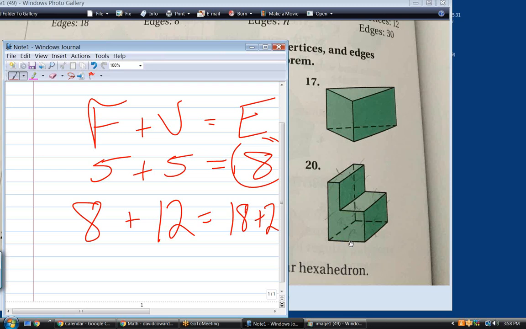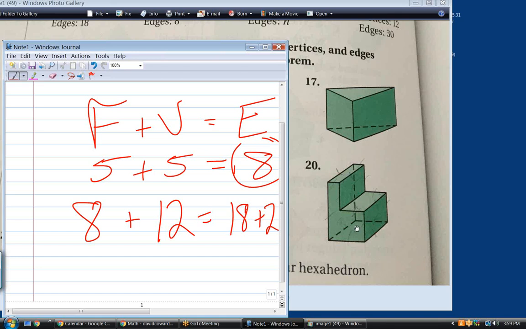So let's see. What's going on here? I don't think we're going to find 18 edges here. Maybe. Well, we got 4 on the bottom, right? Got 4 there, got 4 there. That's 12. And they've got 3 on each side. Yeah, that's 18.